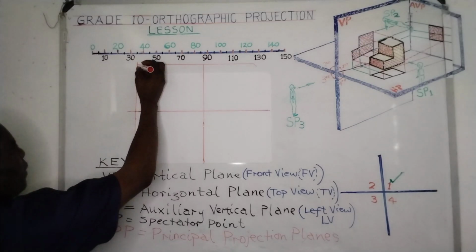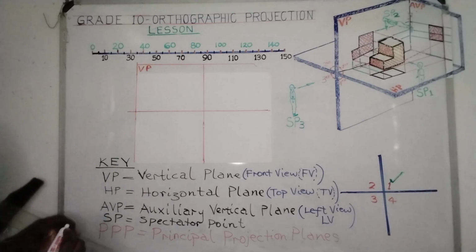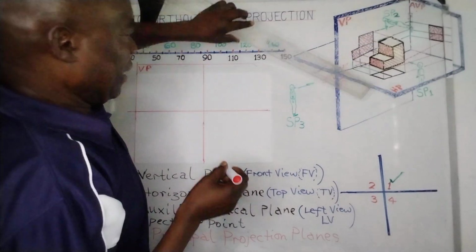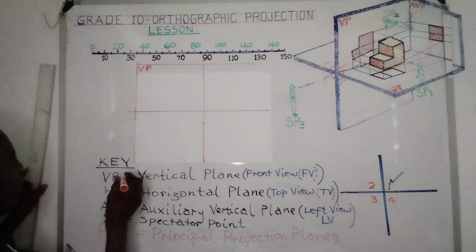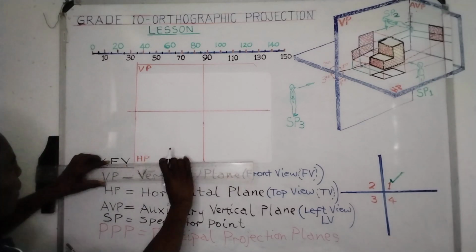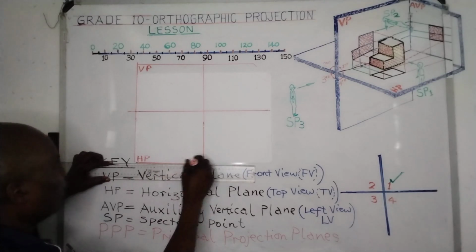And I've said on the vertical plane we've got the front view. Let me write that. And on the horizontal plane, we've got the top view. And on the auxiliary vertical plane, we've got the left view. So that is first angle orthographic projection.